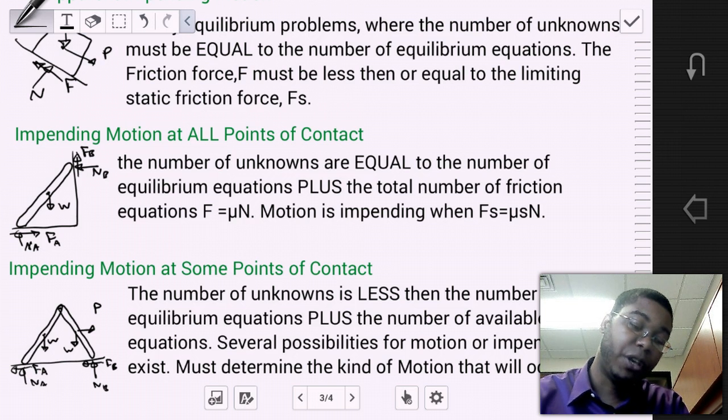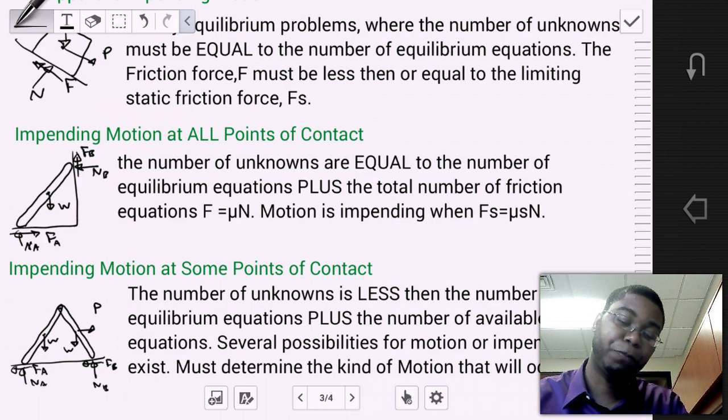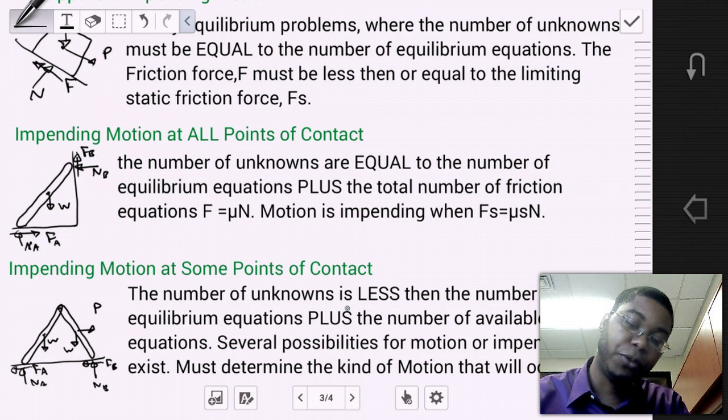In this case, we have impending motion at some points of contact. So the number of unknowns is less than the number of equilibrium equations plus the number of available frictional forces. So we have a small set of unknowns and we have many equations of equilibrium and available frictional equations. So there exist several possibilities for motion or impending motion.